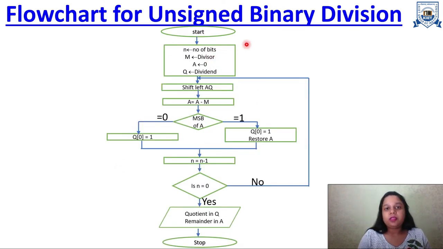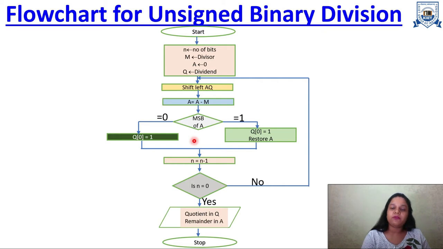These are the instructions through which we can solve any numerical to divide. Here we have start, then initialization, then some of the instructions. I am coloring all of these so that you can understand better when we solve any question for this.